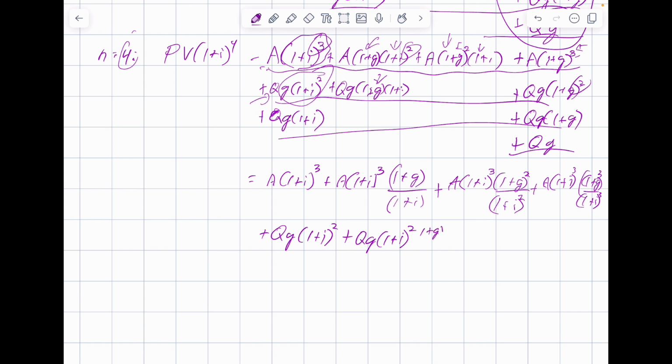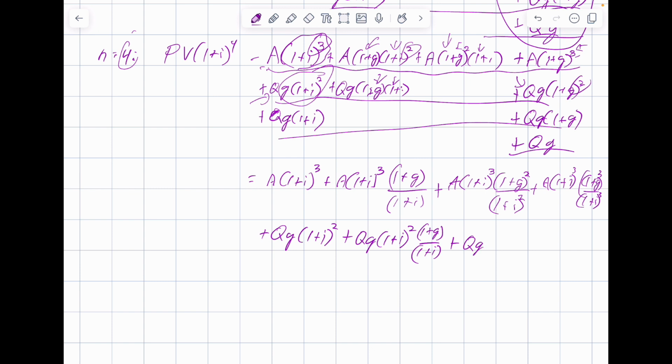It's left with 1 plus G. And we take the 1 plus I divided by 1 plus I squared. It's left with 1 plus I in the denominator.